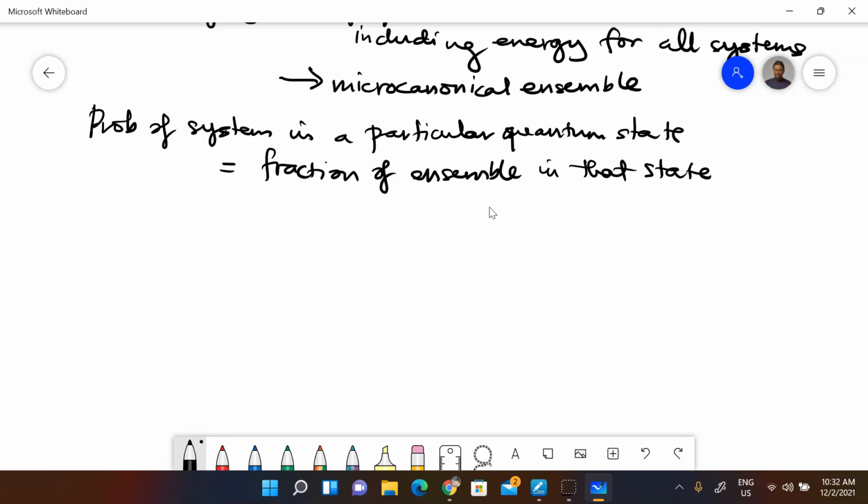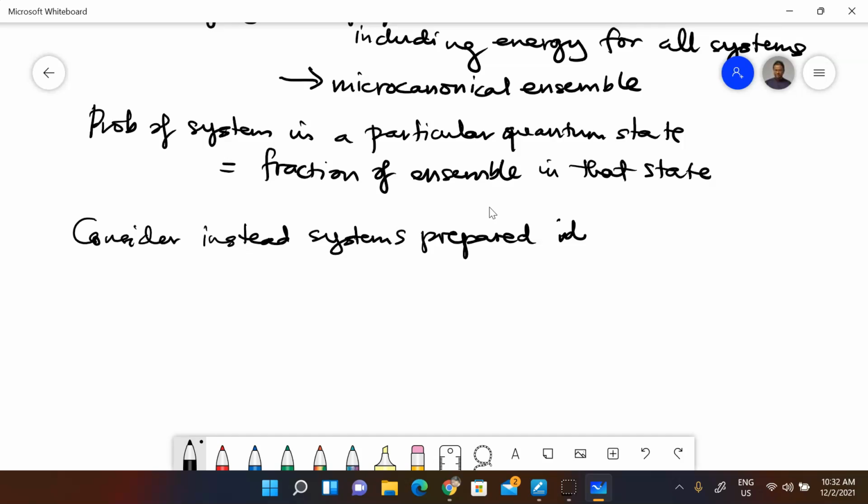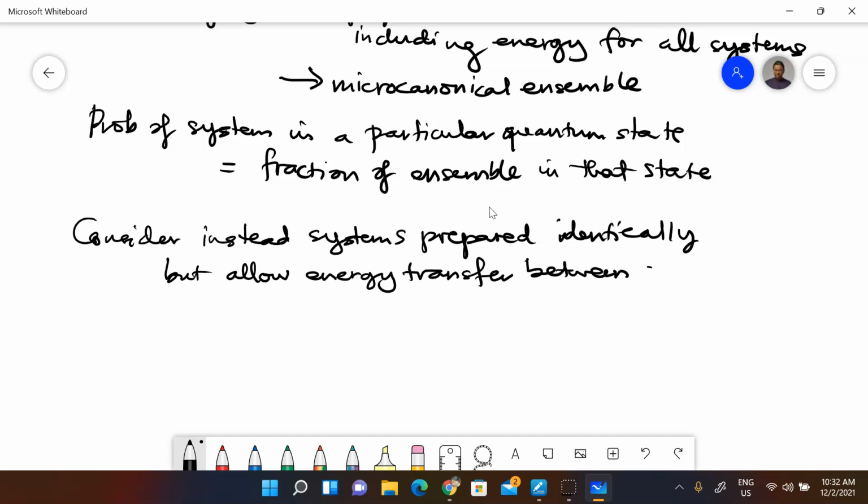So one considers instead systems prepared in the same way, identically, but allows energy transfer between systems, so that the energy in one system is not constant.